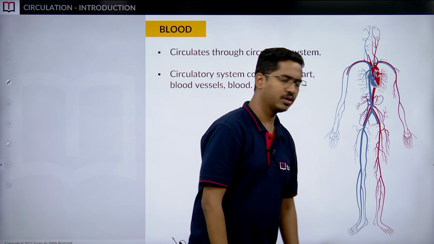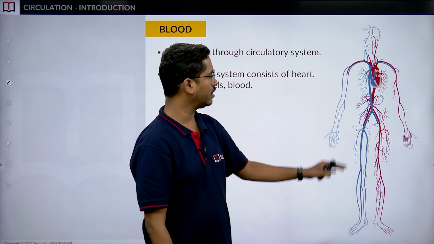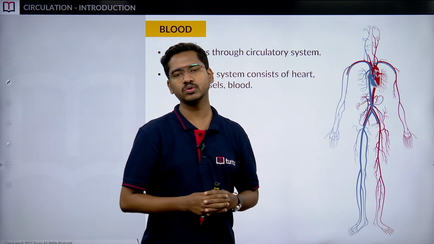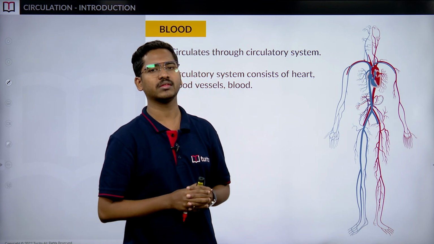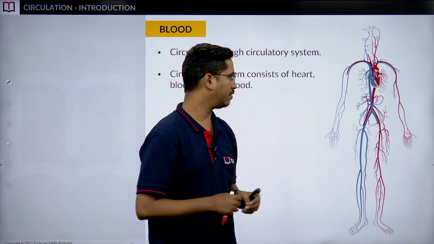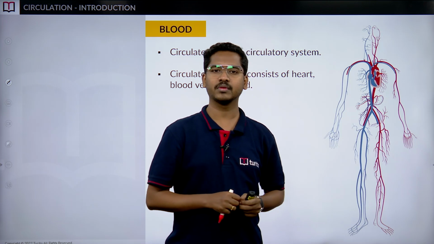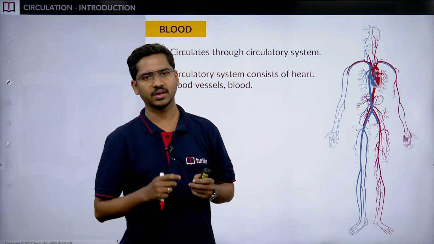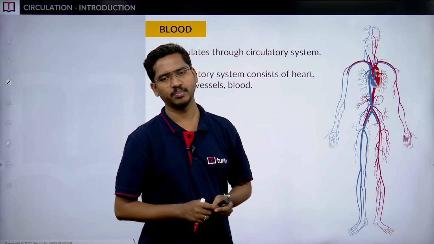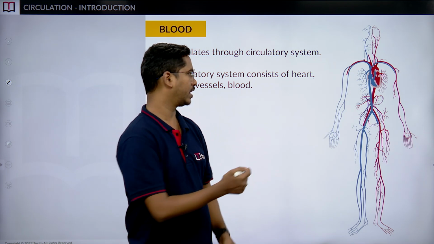Of course, you may not spot blood in here, but you can easily make out two main components of the circulatory system, that is, we have the heart, okay, and we have the blood vessels, following which inside the blood vessels we get to have the presence of blood, which is a fluid connective tissue.